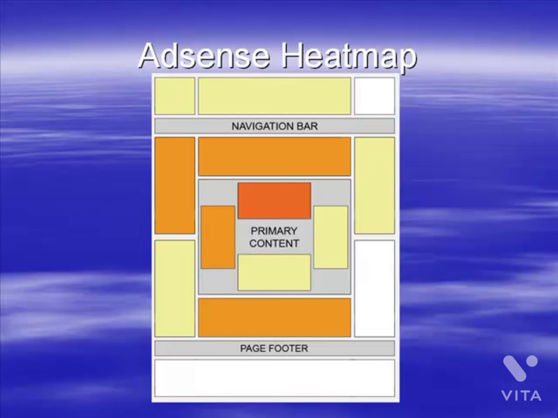I would put my AdSense ads in a left-aligned rectangle. Then I'll try a banner just below the navigation bar. Then I would try a skyscraper on the left-hand side. If you look at this, I'd also try another banner at the bottom and test the performance there.